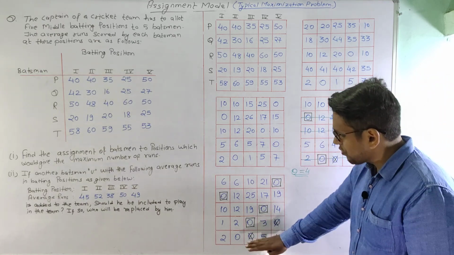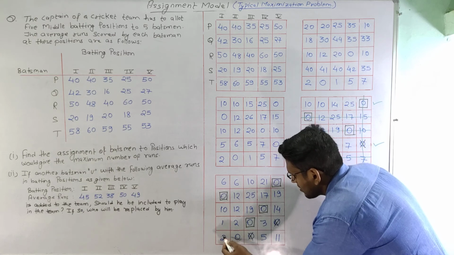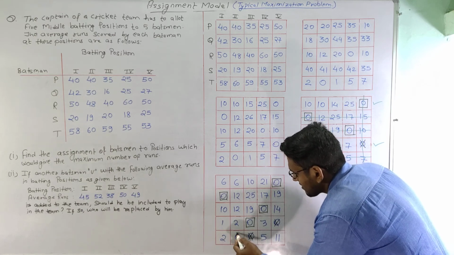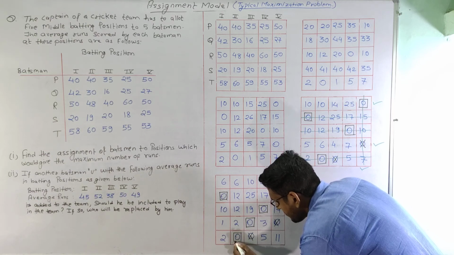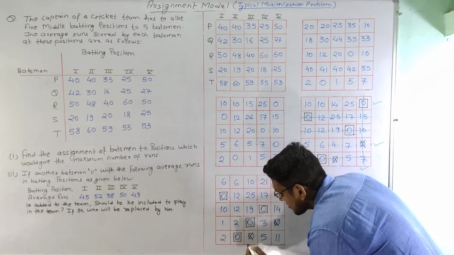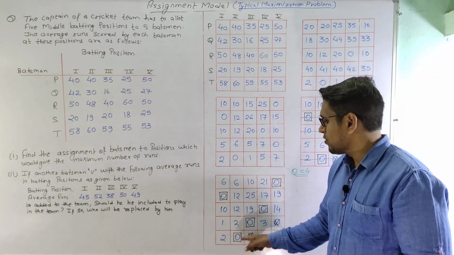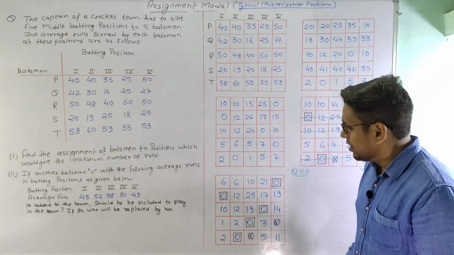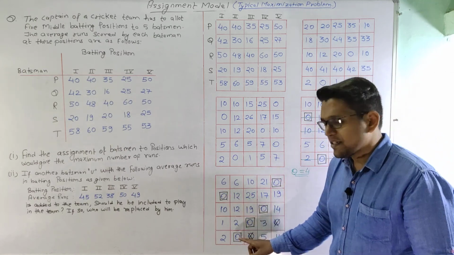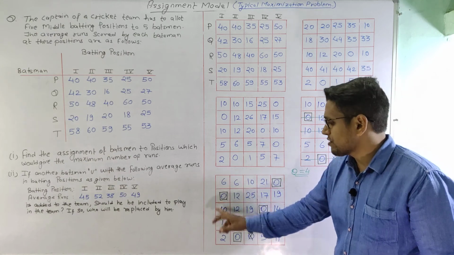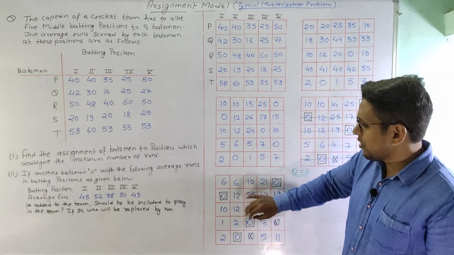Now moving on to row 5, we can see that we have a single assignable 0 present in row 5. So we will assign this 0, and once this is assigned, no more assignment is possible in this row and in this column. So we can see that now we have a total of 5 assignments in a 5 cross 5 matrix. That means our solution is optimal.